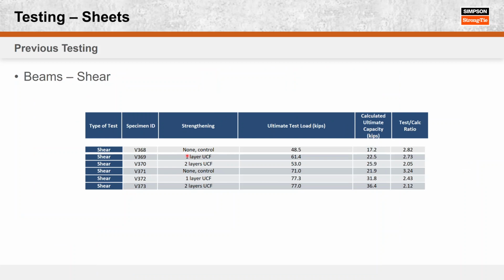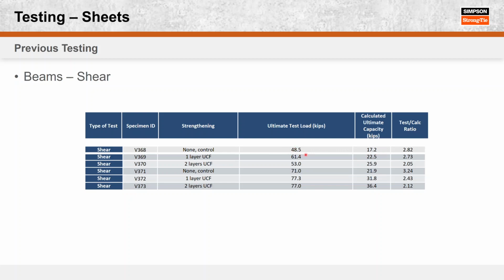No, just go ahead. He's beating you to the punch. If you calculate the capacity using ACI 318, you'll get a capacity of 17.2 kips, but the actual failure load is 48.5 kips.